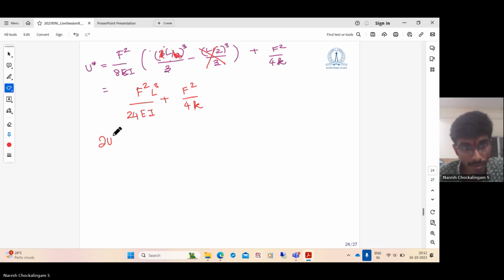Next step, LU star. This is the deflection effect, which means so these are all square terms. So f is retained.